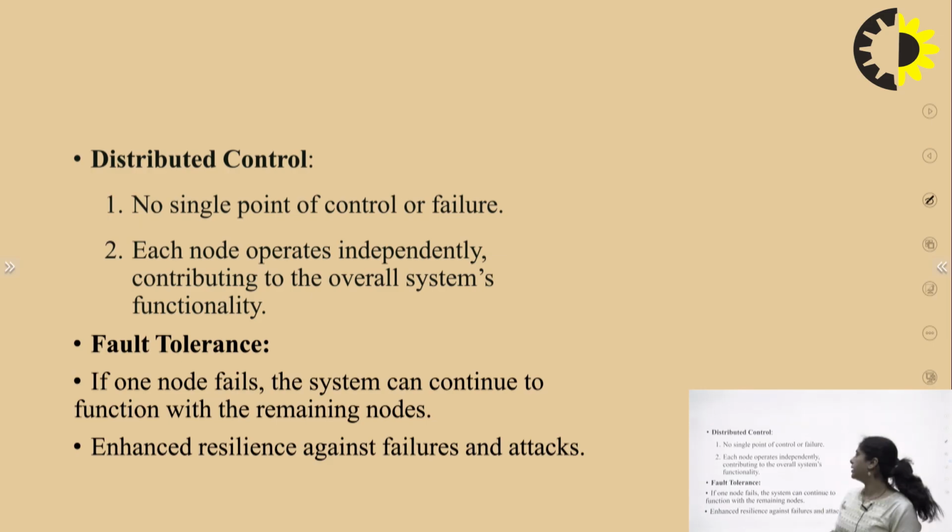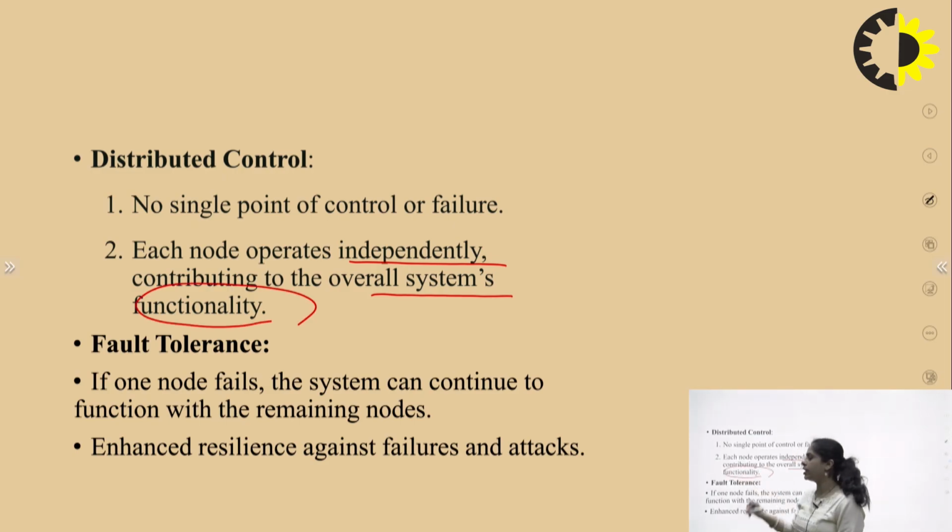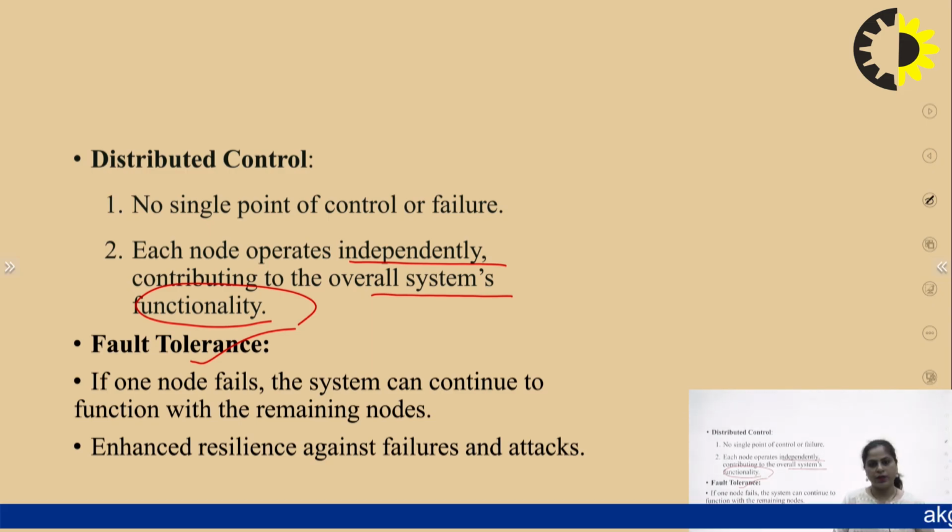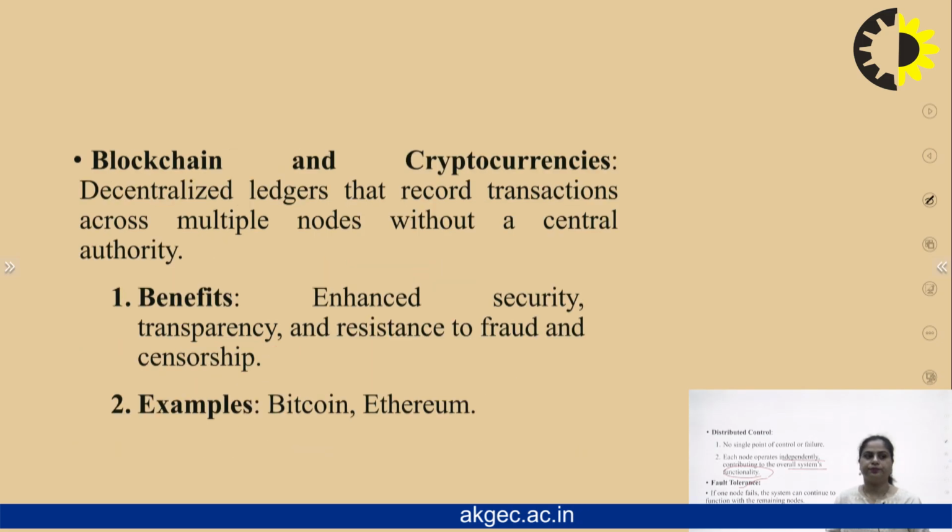Each node operates independently, contributing to the overall system's functionality. All the functionality is handled by the other nodes if a single node fails. Fault tolerance: if one node fails, the system can continue to function with the remaining nodes, with resilience against failure and attacks.